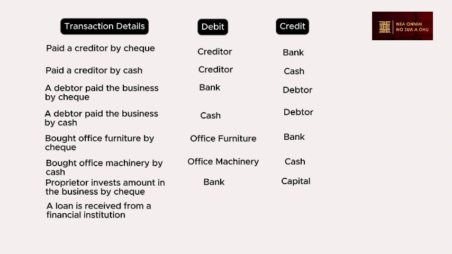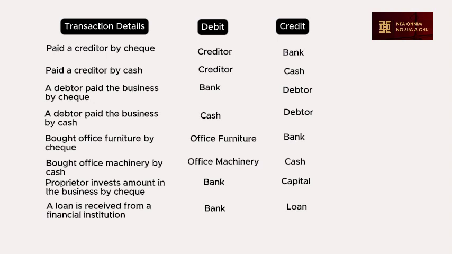Because typically, no financial institution granting you a loan will give you the money over the counter. They will pay it into your bank account. And so here you are going to have two accounts, which is going to be a loan account and your bank account. I hope that is clear. So the loan account is the account that is giving that money, which will be received into your bank account.